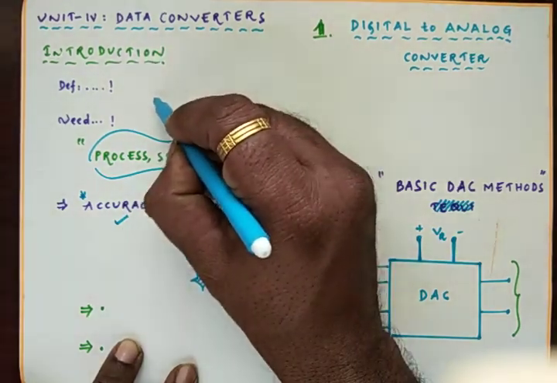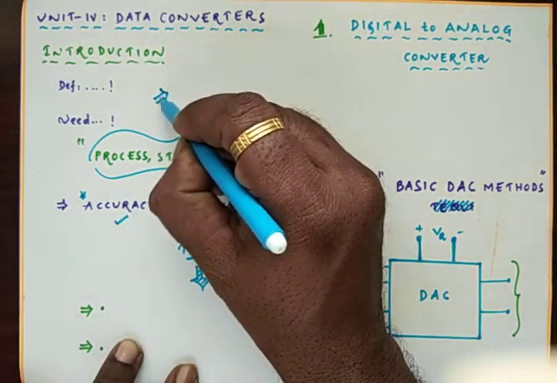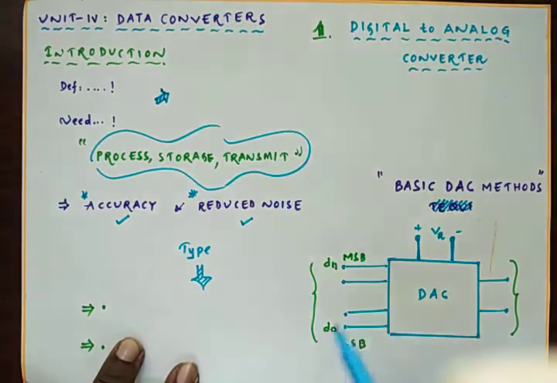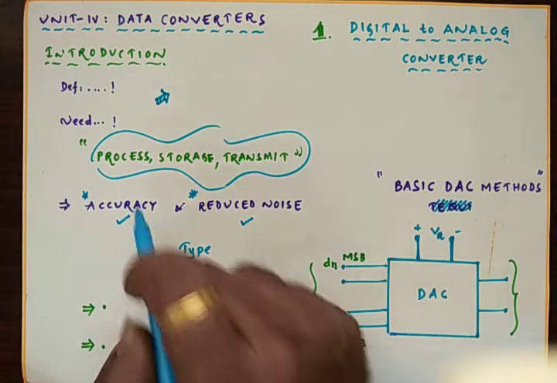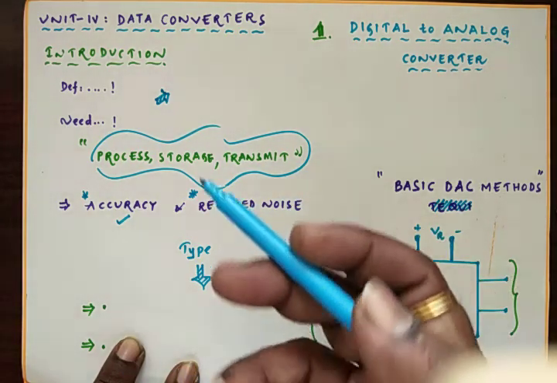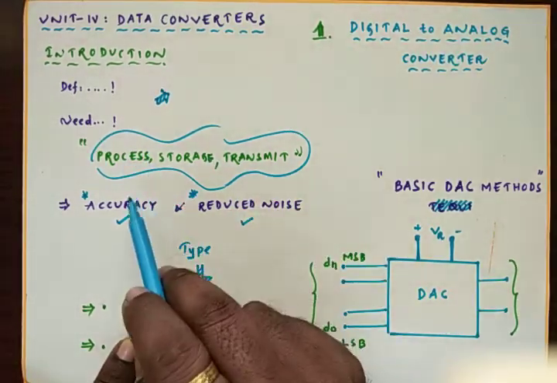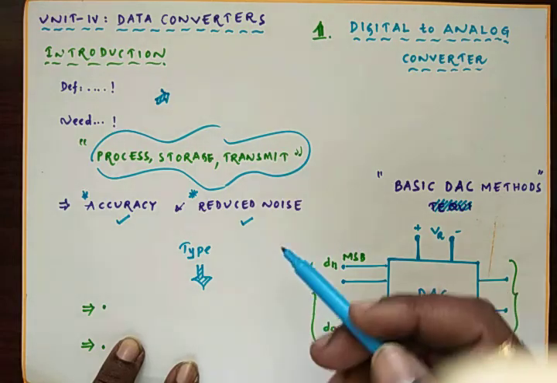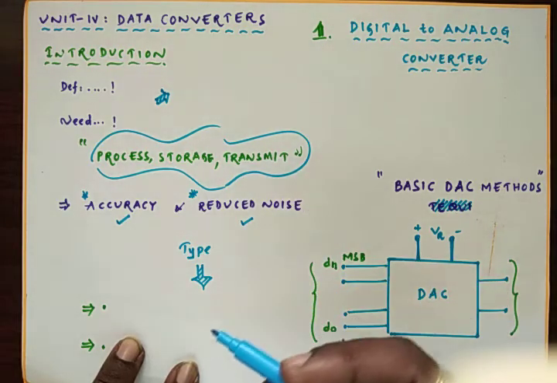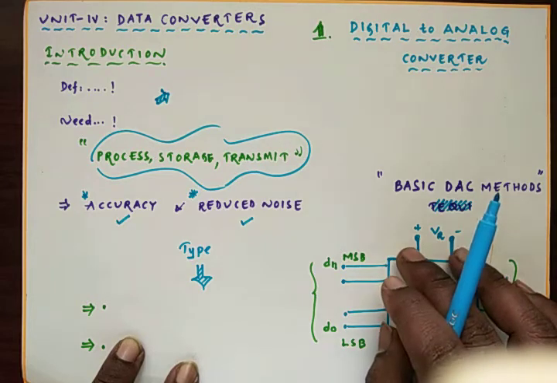So when we want to process analog data, there is some difficulty, and that difficulty can be overcome by making use of the analog to digital conversion. Then we can process, store and transmit the digital data very easily.